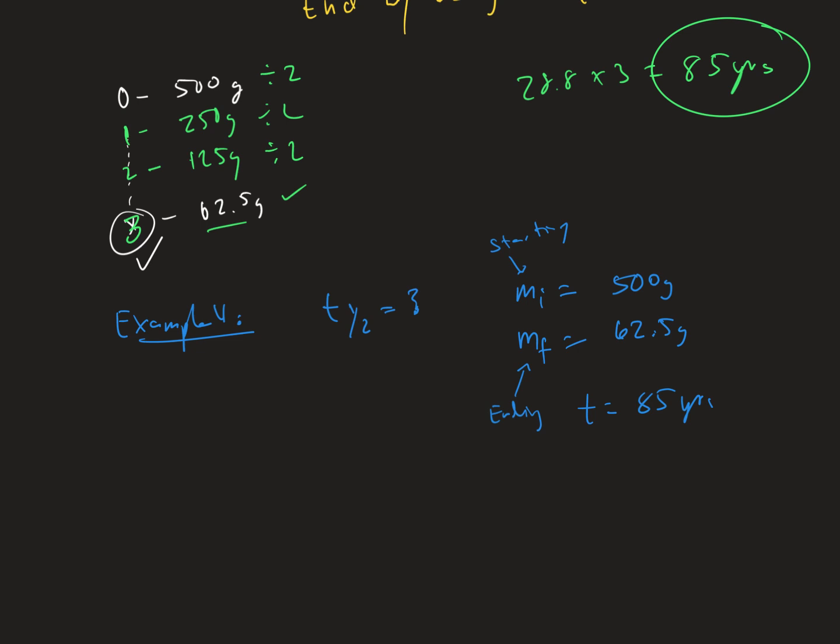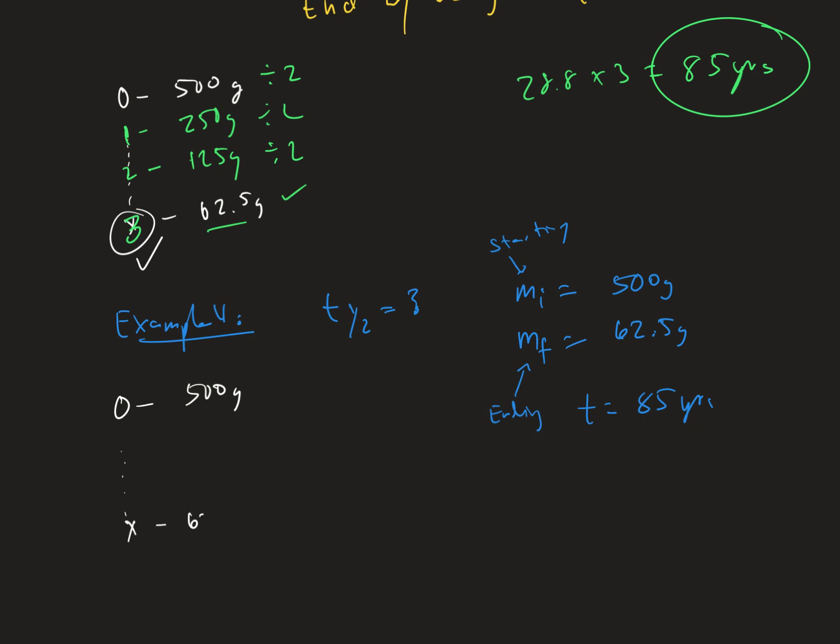Okay. So now what? Do the exact same thing. At time 0, how much do we have? 500 grams. So many times later, again, we don't know how long a half-life is, so we don't know how many.